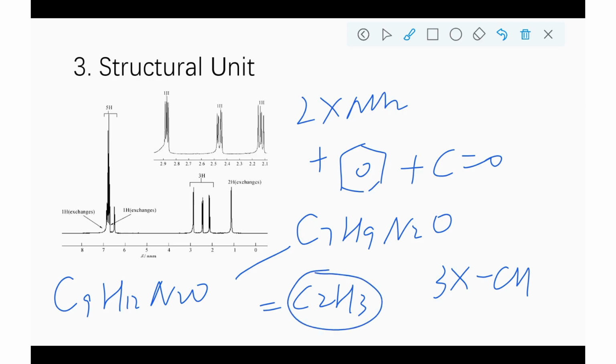And C2H3, because we don't have extra unsaturation points, can only be made up of 1 CH and 1 CH2, which means in this graph, the 2 hydrogens in the CH2 are splitting again. And the reason why it's splitting is just as with the amine group. It is because of the chiral carbon.